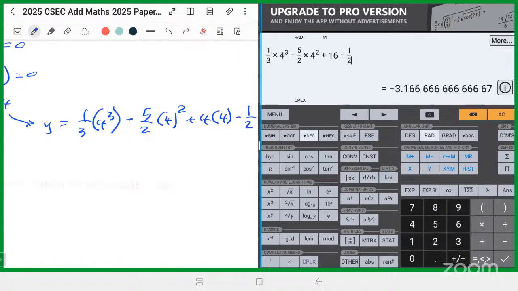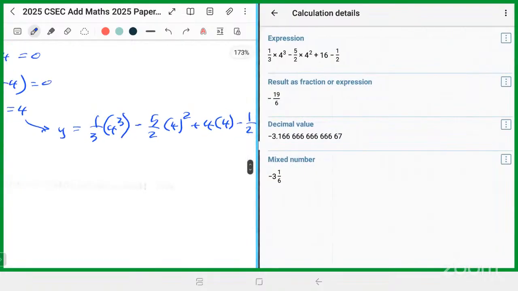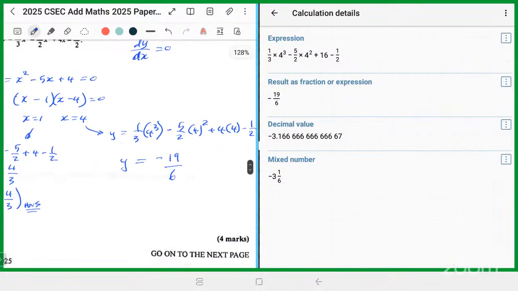I'm getting minus 19 over 6. So y equals minus 19 over 6. So the second point is 4, minus 19 over 6.